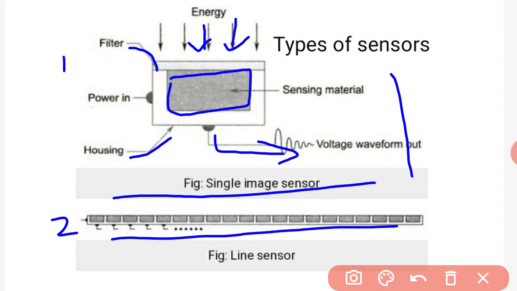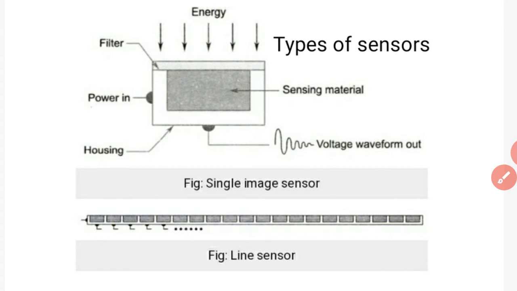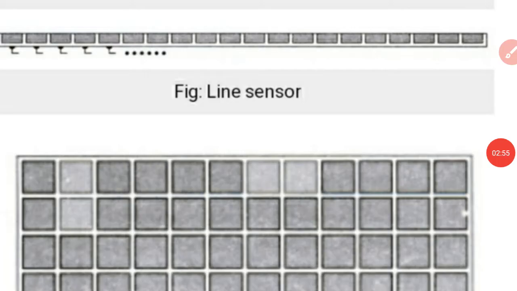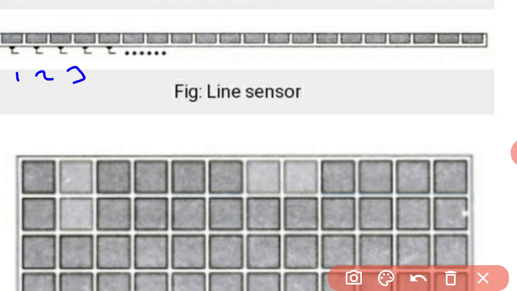This is our line sensor. How do we connect these line sensors? How many sensors are connected in a line sensor in practice? We can observe in this line sensor there are many single sensors: sensor 1, sensor 2, sensor 3, sensor 4, and so on. These sensors are all connected in series, meaning it will scan the entire image along the horizontal axis at a time, not vertical scanning.